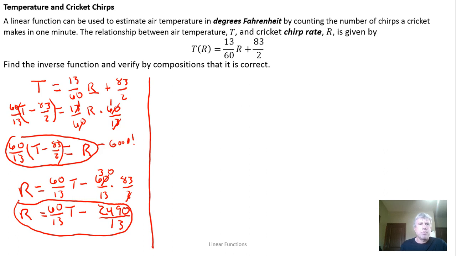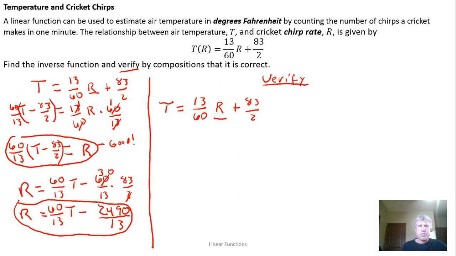So the next step is, once we find the inverse, we need to verify the inverse by function composition. We'll start with the original function here: T equals 13 over 60 times r plus the 83 over 2. We see that the input variable is r, so this says put r here. And down here, our inverse function says r is this stuff on the left.